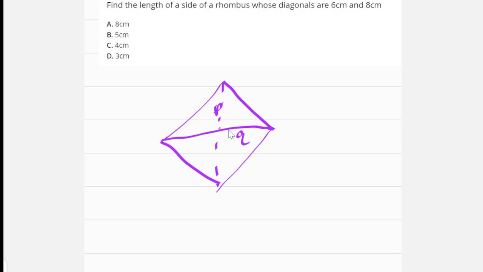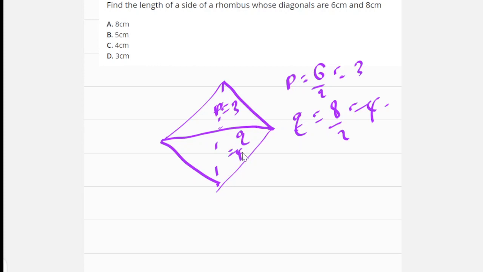So this is P and this is Q. The rhombus whose diagonals are P is 6 centimeter and Q is 8 centimeter. So if that should be the case, it means my P will be 6 divided by 2, which is 3. And your Q will be 8 divided by 2, which is 4.